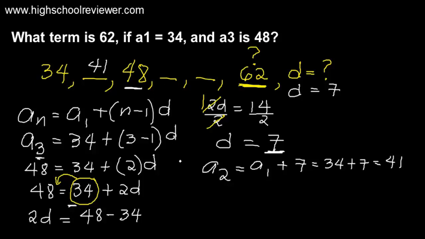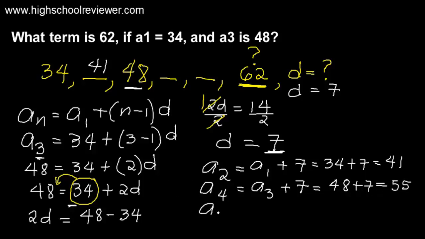Now for our A sub 4, we will just add A sub 3 and 7. So this will be A sub 3 plus our common difference, which is 7. So this will be 48 plus 7. This is equal to positive 55. Okay. So for our A sub 5, let's try if this is positive 62.